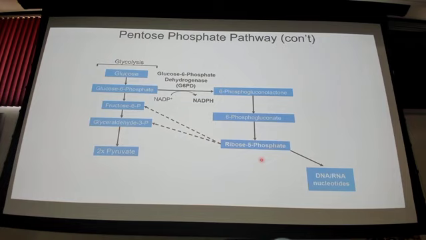So when there's enough glucose being broken down to produce energy, this pathway is going to shunt into the pentose phosphate pathway to produce that NADPH and produce the reagents for nucleotide synthesis. So anybody loudly tell me what the take-home message is for the pentose phosphate pathway.